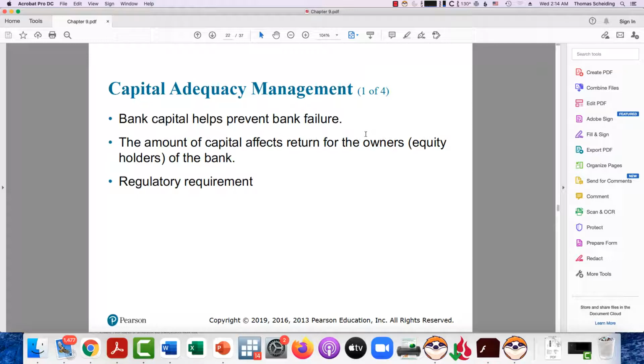Then, number 4, we've got capital adequacy management. How much capital does the bank need? That's largely determined by regulators. You don't want to have so little that customers, depositors don't trust you anymore. So generally, banks will do a little bit more than what regulators require.